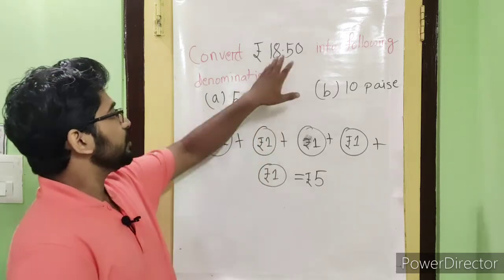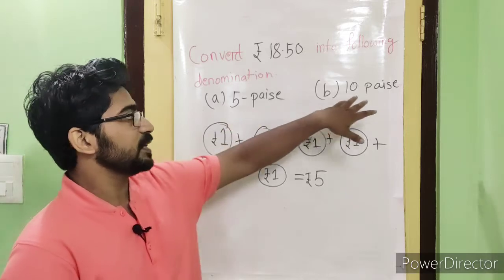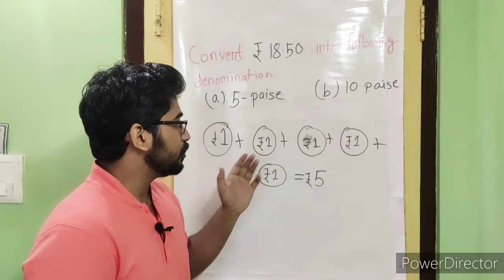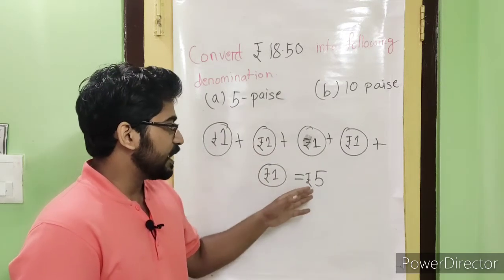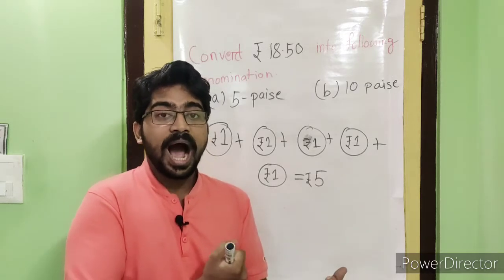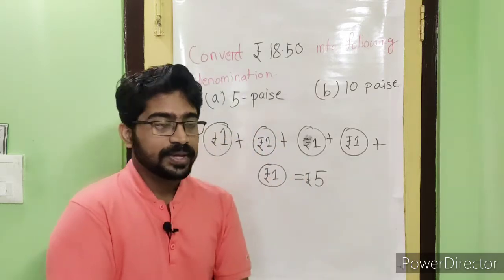So in this way we need to divide into 5 paise and 10 paise. Why am I telling this? Because here I have divided and calculated how many coins will be there for making it 5 rupees.